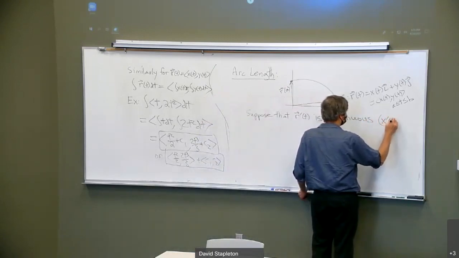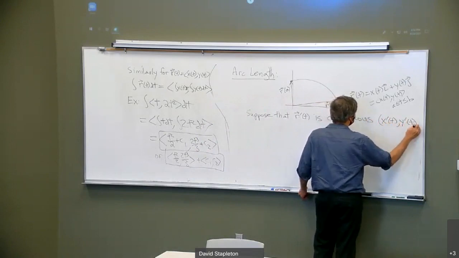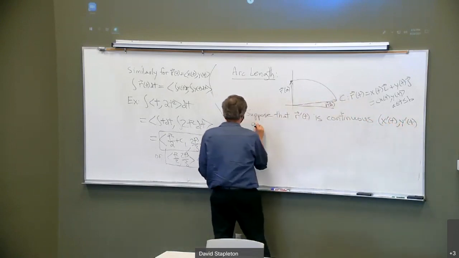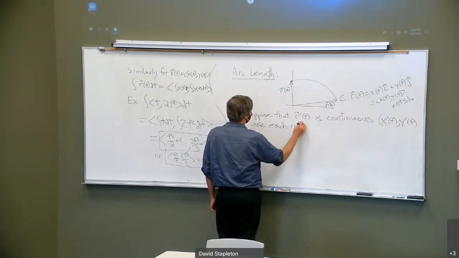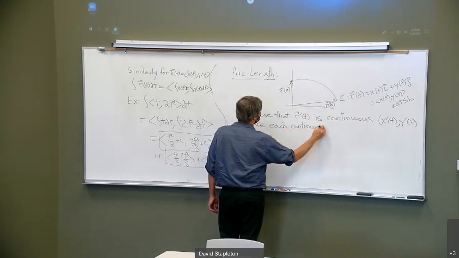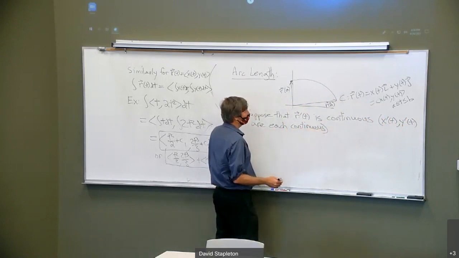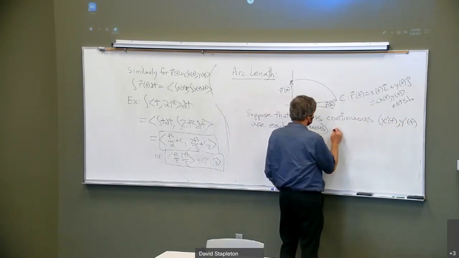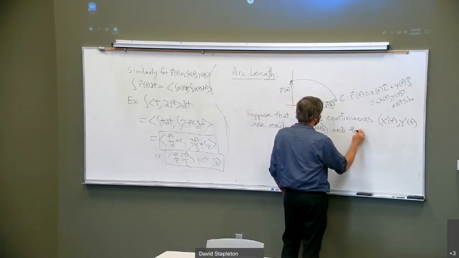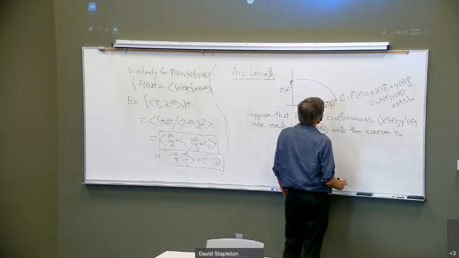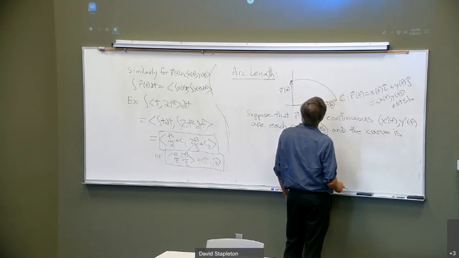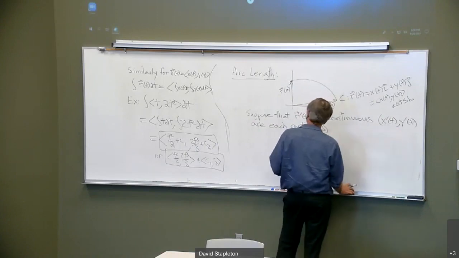So that means that x prime of t and y prime of t, the derivatives of the components, are each continuous. Find continuity with vector valued function. So the nice thing here is it all goes straight over. And the curve is regular. Well, actually, I don't even need this yet. But let's leave this off for now.